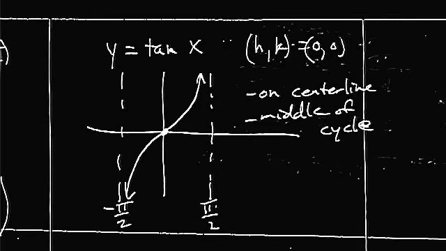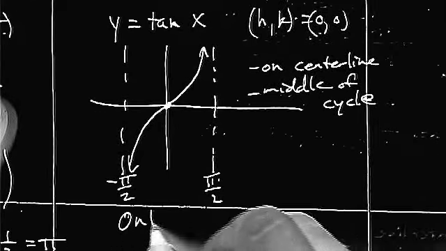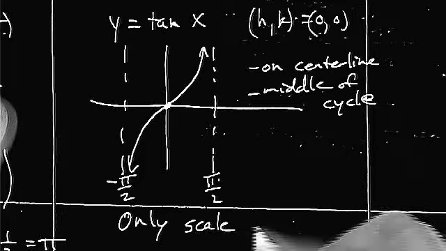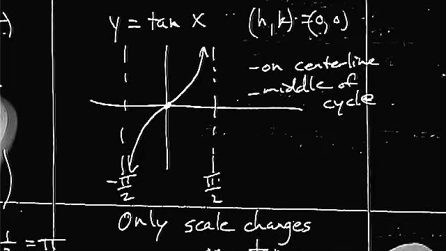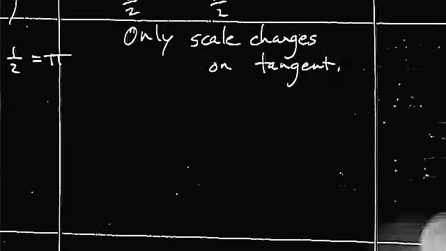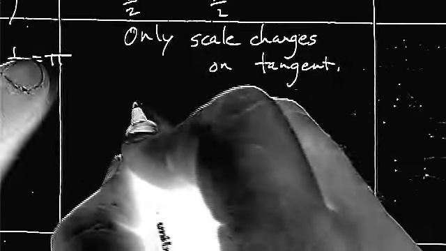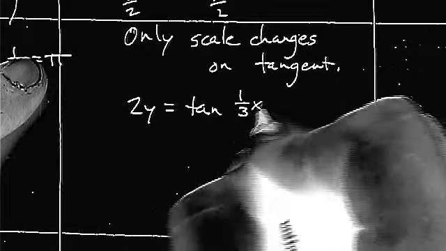So I promise I will do only scale changes on tangent. I'm not going to get into translations because those get kind of messy. So you need to be able to handle things like this.